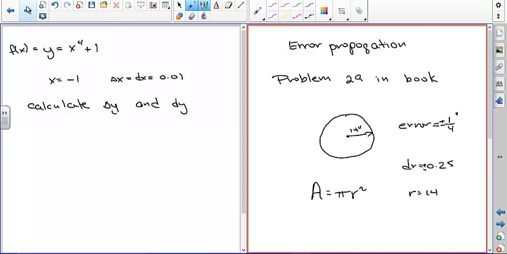So you can relate significant figures to how accurate the value is for the measurement. In this case, they're saying that the error in measurement for the length is plus or minus a quarter of an inch. The question is, how much error do you have in calculating area, which is not just length, it's length squared.